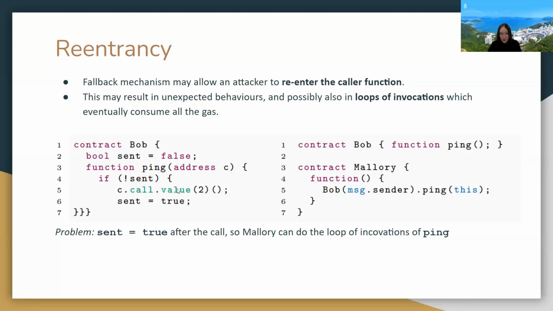And as a loop, it goes to the fallback function again and sends the answer once more. So there is a loop of invocations, and basically this way you can just drain all of the balance of the contract. And the reason why this happened is that we set the send variable as true only after the call. And to resolve this, we just need to set the variable send as true before we are actually making the call. So this is a reentrancy attack.